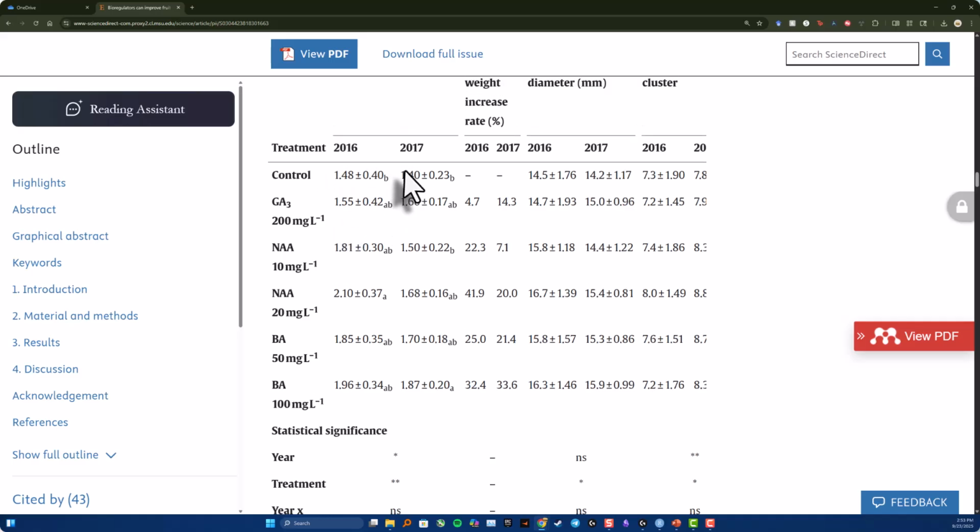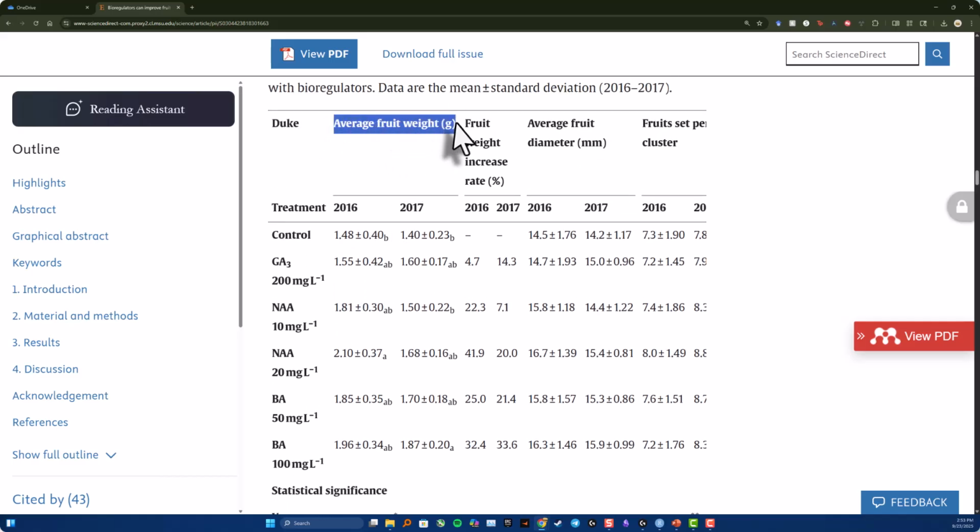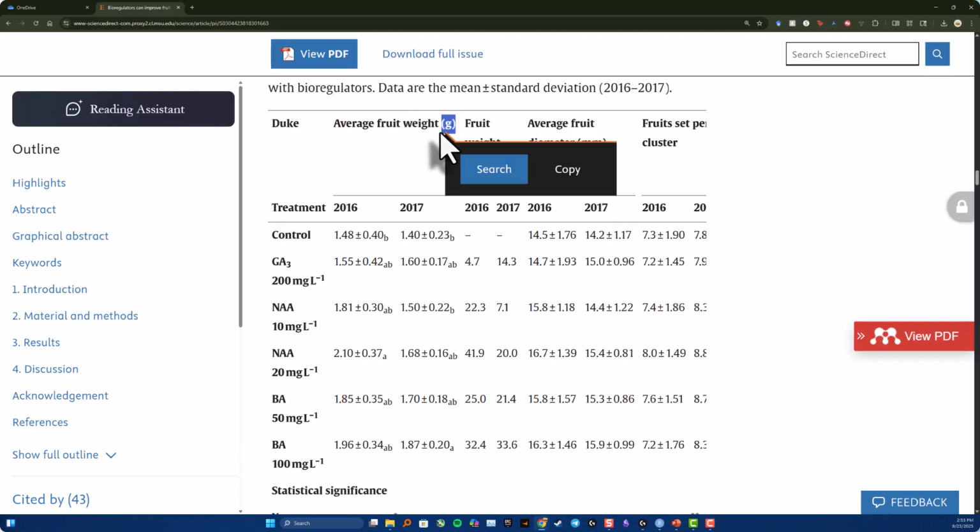And how to do that is really you look at what parameter you're trying to look at. In our case, it's average fruit weight. It's in grams, so note that if you have a different paper and a different metric or a different unit, then you have to convert that. This might be in milligrams, this might be in kilograms per plant. And so whatever it is, you have to figure out what that unit is going to be.